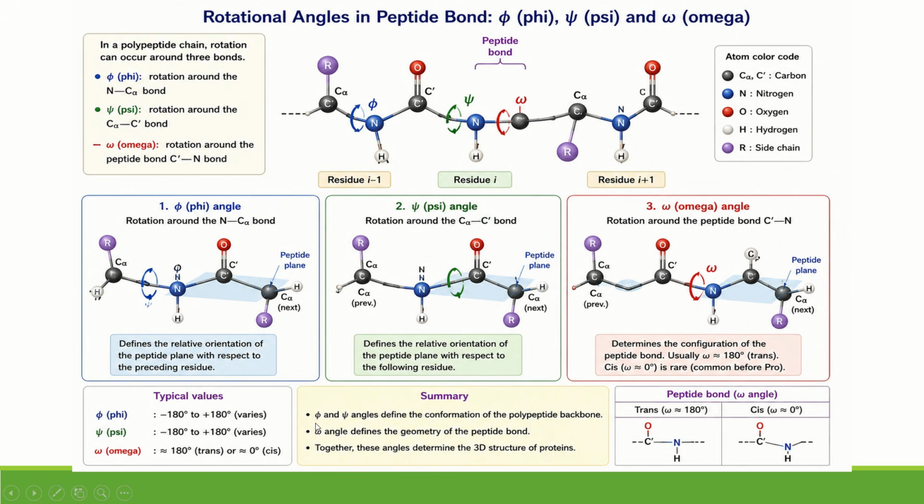So, this phi and psi angles define the conformation of the polypeptide backbone, whereas omega angles define the geometry of the peptide bond, and together these angles determine the 3D structure of proteins.